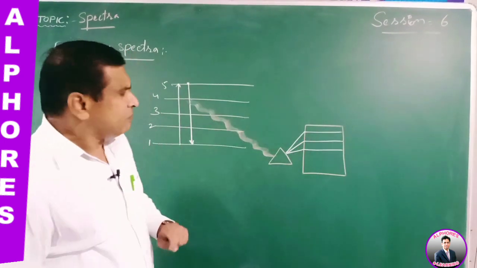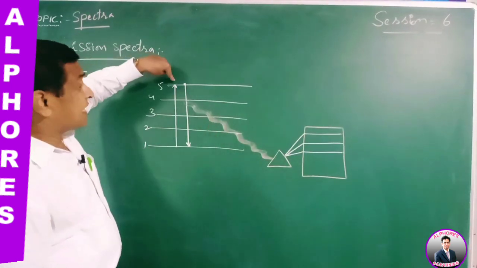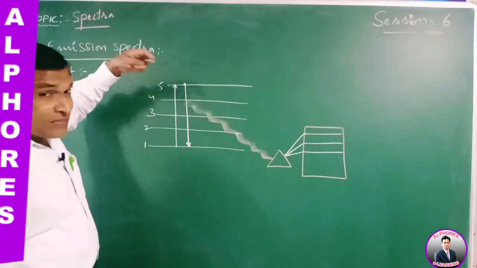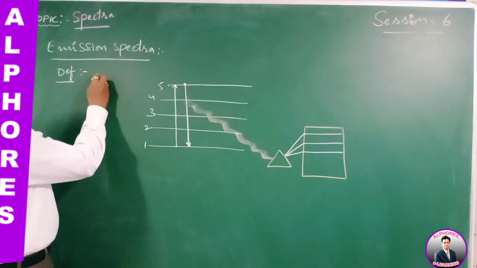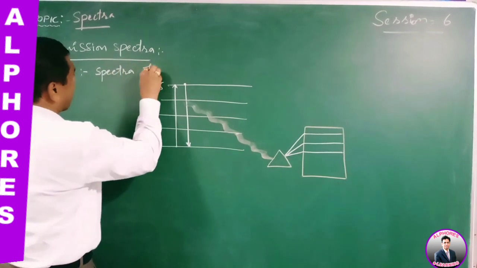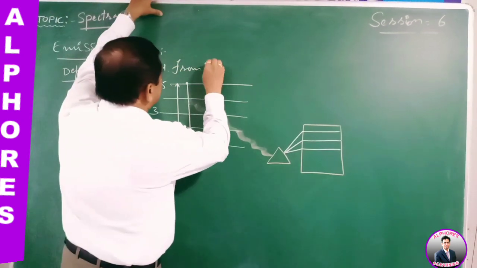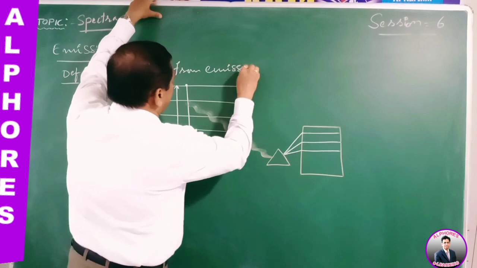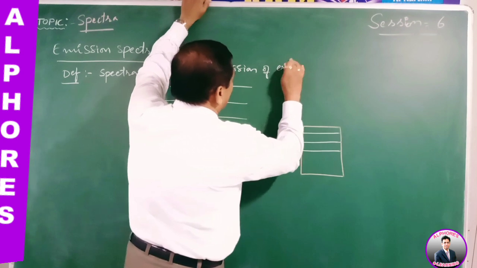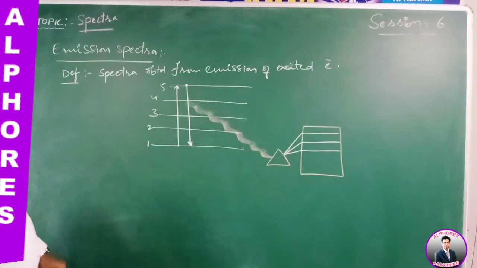The spectra obtained from emission radiation of excited electrons is called emission spectra.